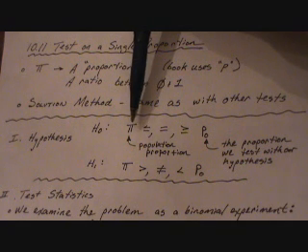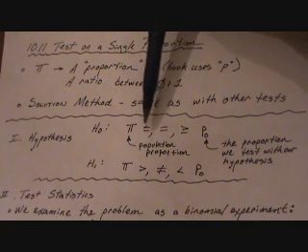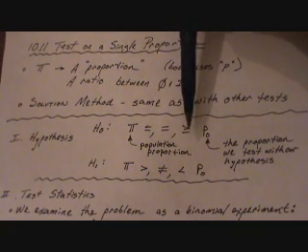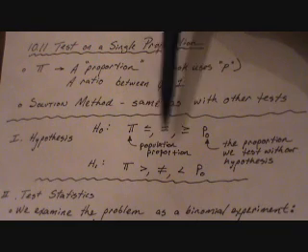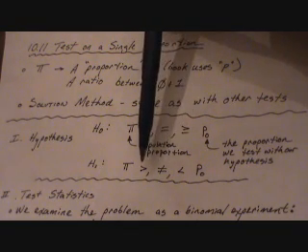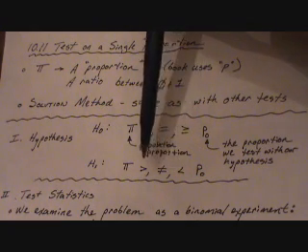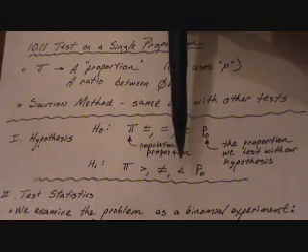Just like before, our null hypothesis can either be equal to, less than, or greater than, and then the alternate hypothesis would be not equal to, greater than, or less than, i.e. a two-sided test or a one-sided test for the other ones.